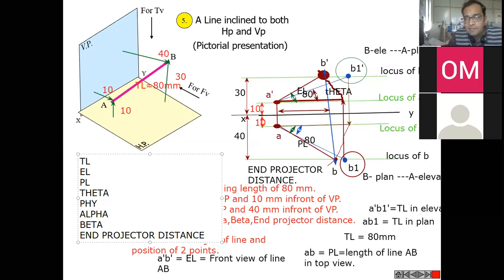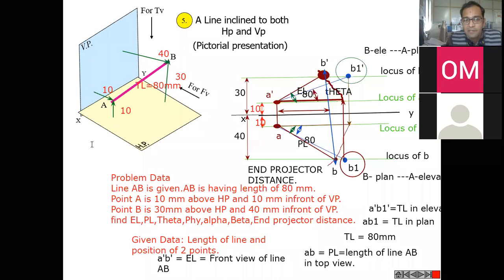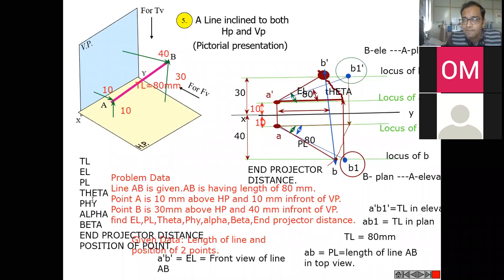And among these details, a few are going to be available to us and a few are going to be searched from the draft we produce, and we can also say position of point. So look, problem drafting is going to be the same. What you need to do is identify which data is available to us and which data we need to find.